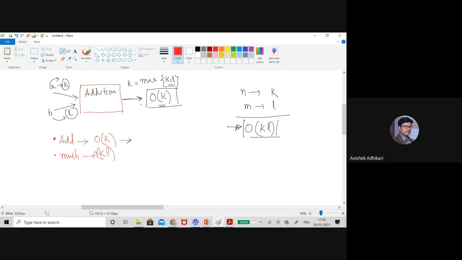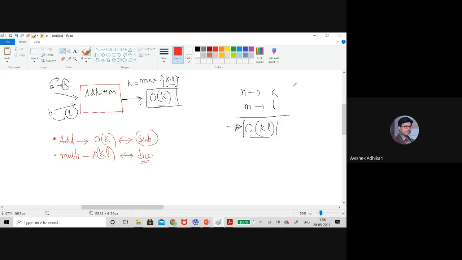Now, similar to addition, you can have subtraction and you can have division. You can understand that in multiplication we basically use addition, and in division we basically use subtraction. So this also follows the same thing.